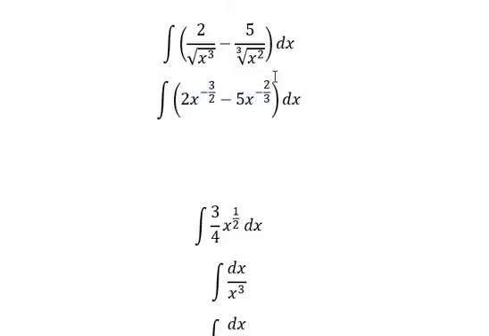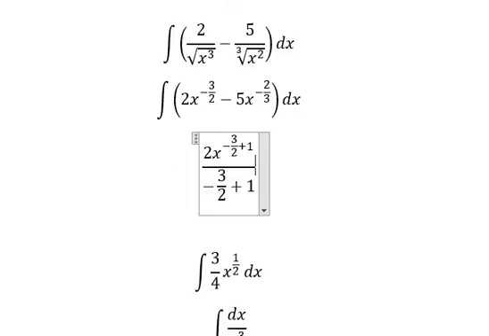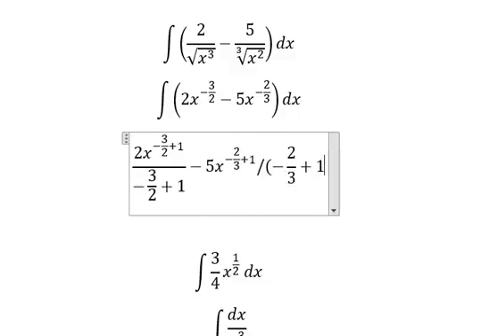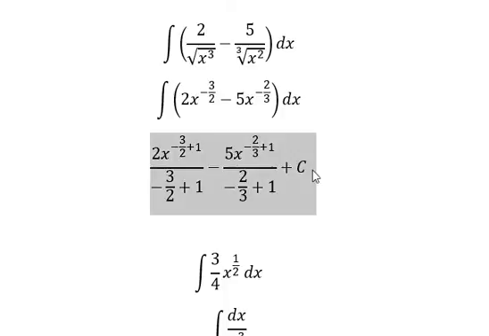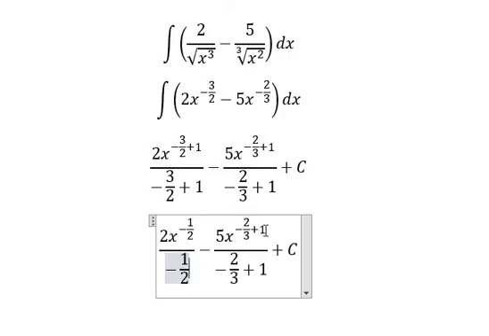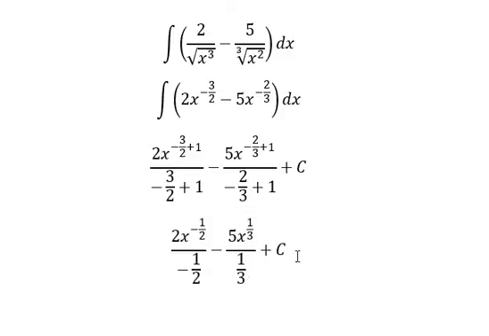And now we have the final answer. So this one we have negative 1 over 2, and this one we have 1 over 3. And this is the final answer.